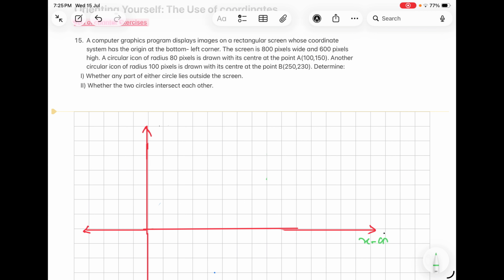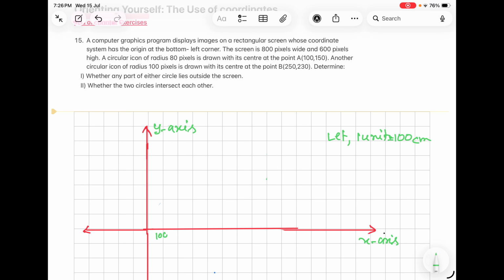This is x-axis, y-axis. Now we have to create a computer graphic screen on this Cartesian system. So the screen is 800 pixel wide and 600 pixel high. Let 1 unit equal 100 pixels.